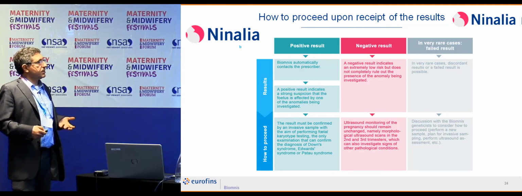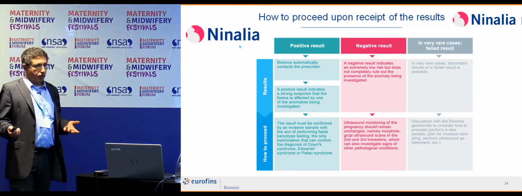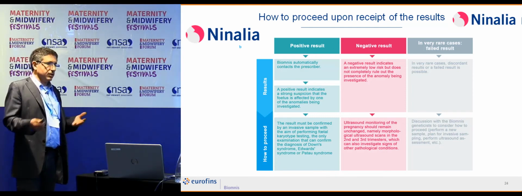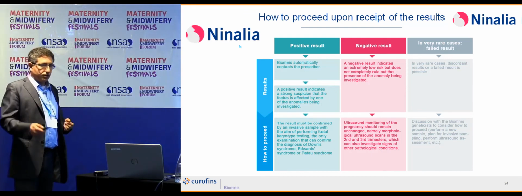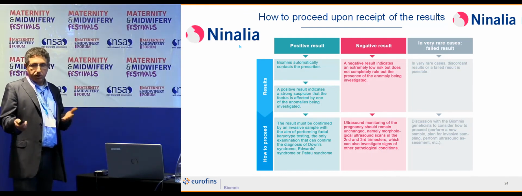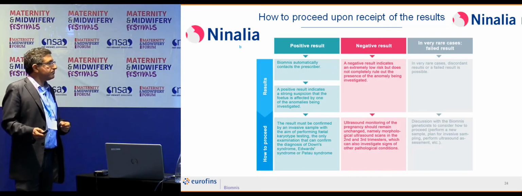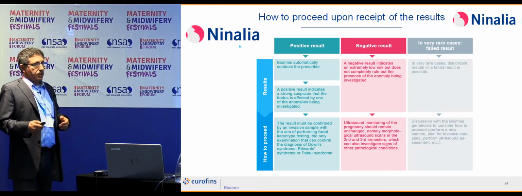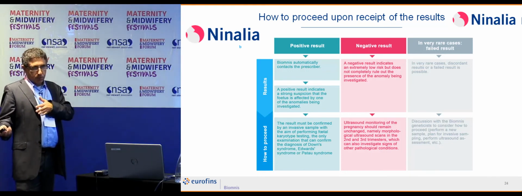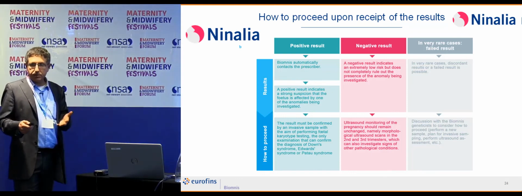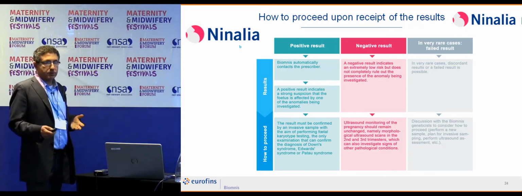And in very rare cases, there is no call result. You have to discuss, or you can also contact Eurofins, and they will contact us to try to give you some more information. With the new software next month, we should have even fewer no-call results.